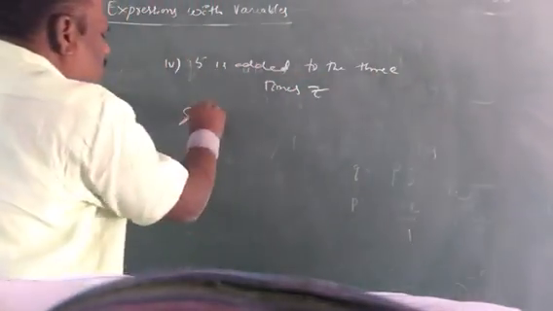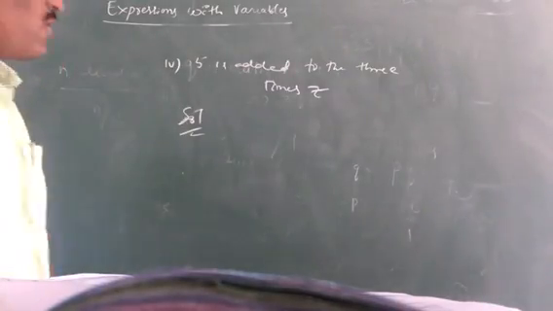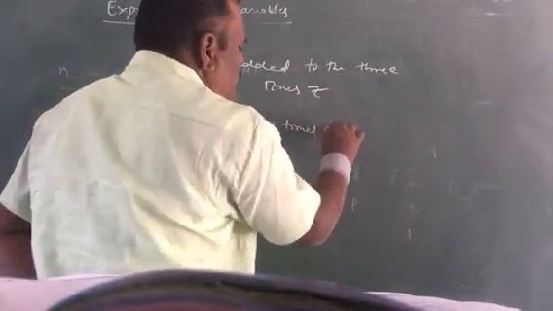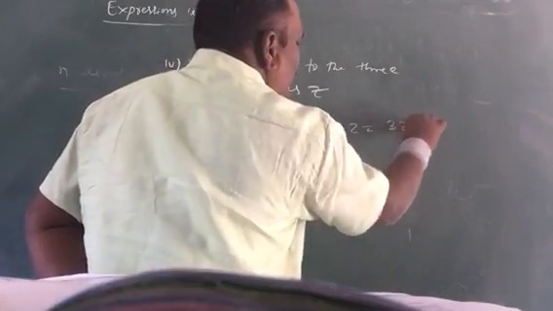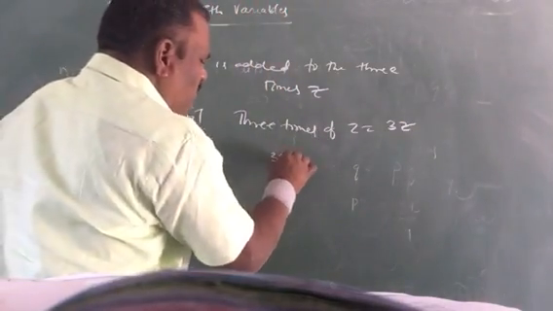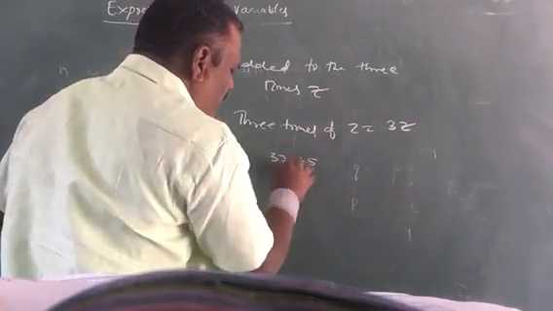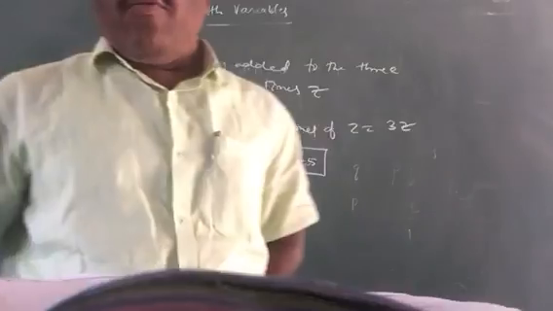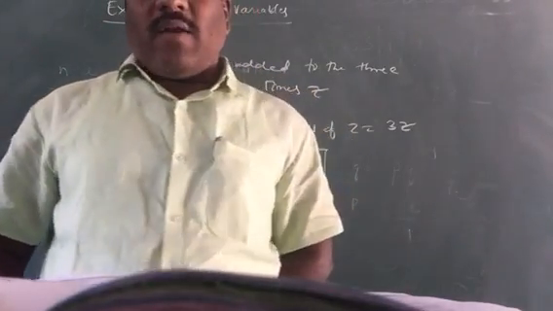Simple. What is the solution? 3 times of z equals 3z. Then 5 is added means what? 3z plus 5.